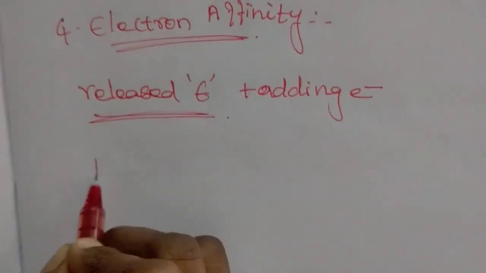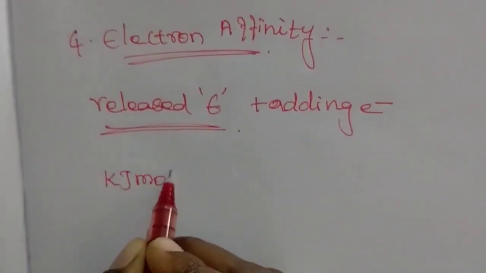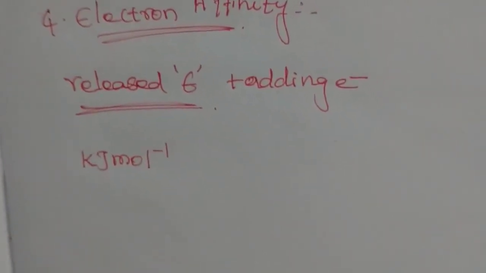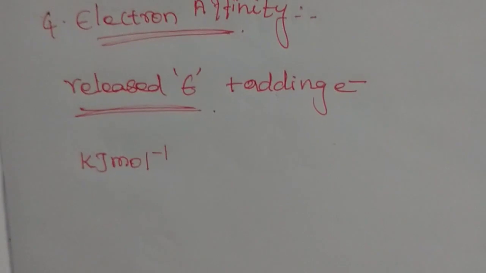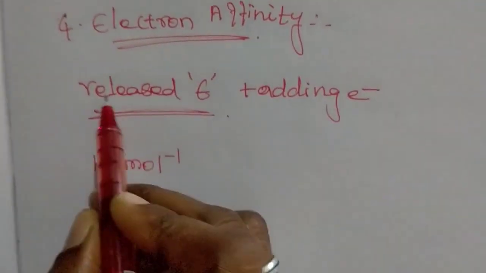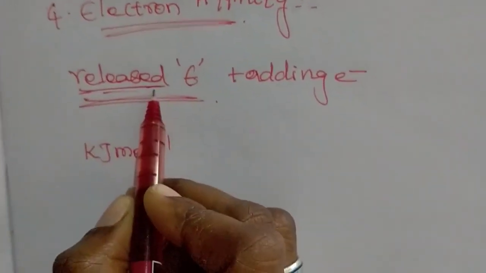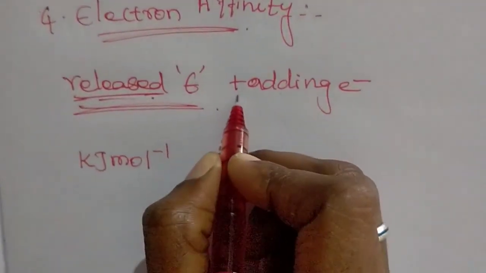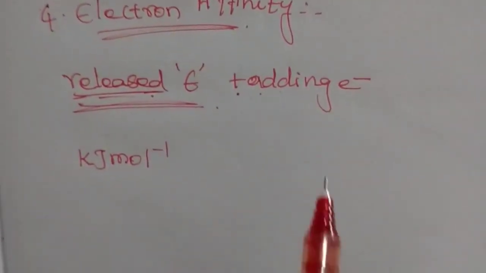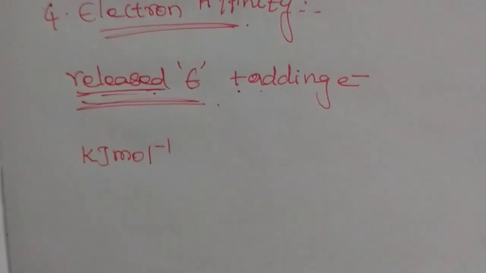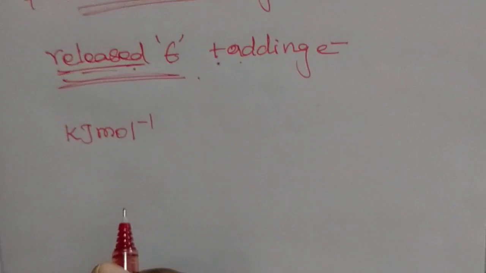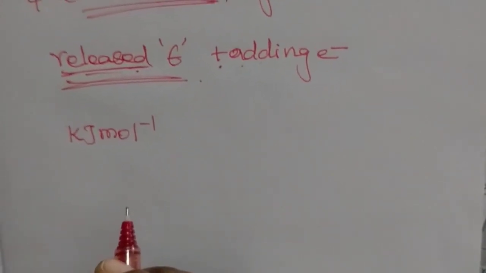Generally it is expressed in the unit kilojoule per mole, kJ mol^-1, and electron affinity is defined as the amount of energy released when an electron is added to the valence shell of an isolated neutral gaseous atom in the ground state to form its anion.